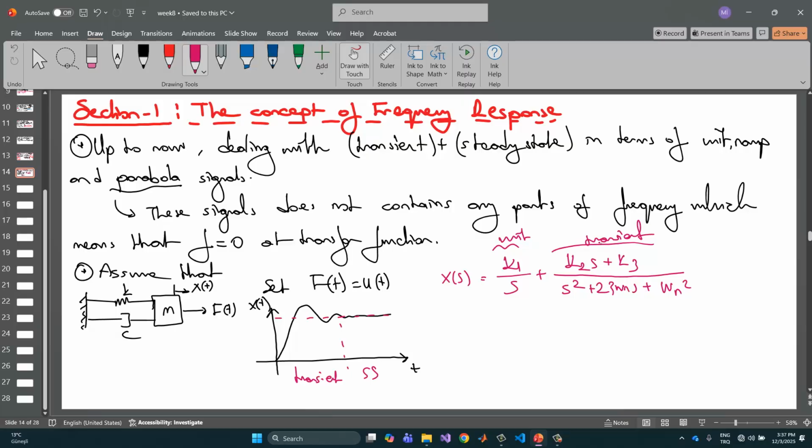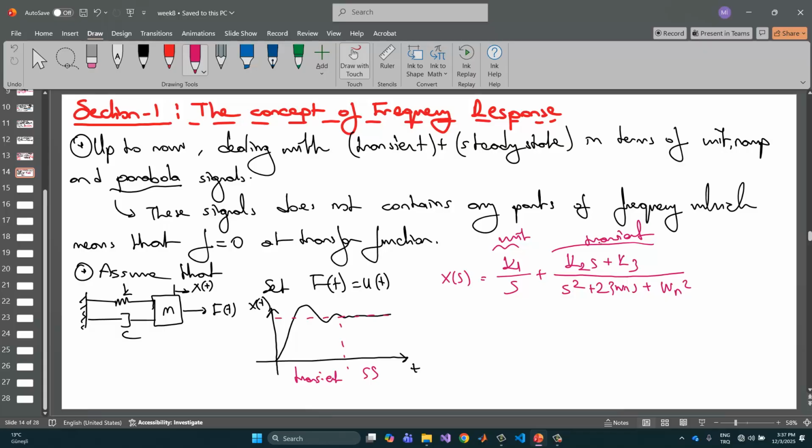And so, firstly, K1 divided by S directly relates to what? The final response of this system. And so, it directly affects what? The output of signals. If these have frequency components, just like sine or cosine, then this system is affected.